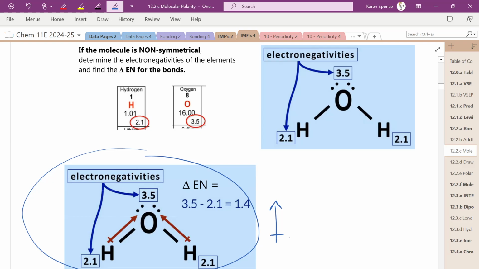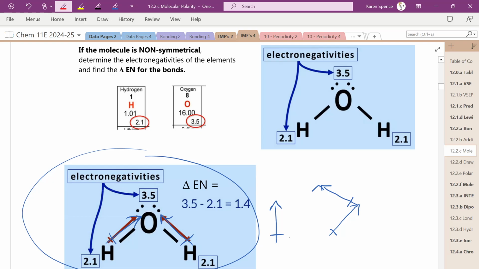Okay, and that's the net dipole moment. You don't have to do the vector thing if it's obvious. But you could go, I've got one arrow going up and to the right, and then I've got another arrow going up and to the left, which gives me my net dipole as up.